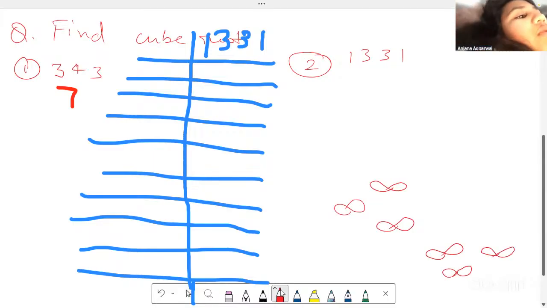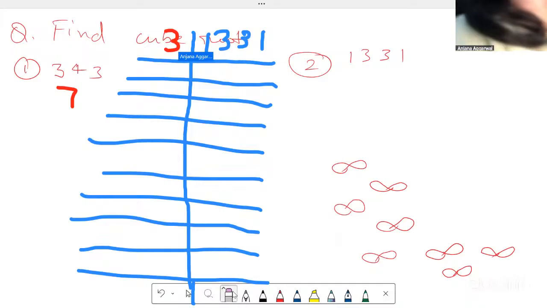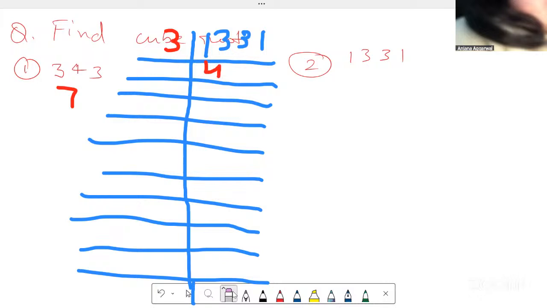Okay, it's not divisible by 2, maybe 3. We may try. 3 and 3, 9, 12, 4, 1, 13. Nope, not divisible by that. Not divisible by 5.